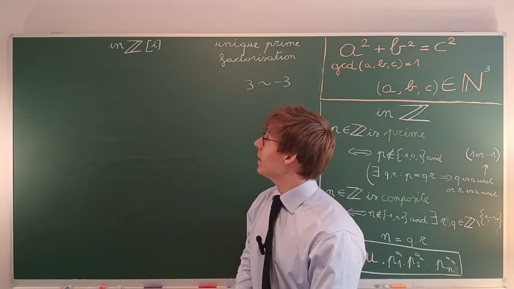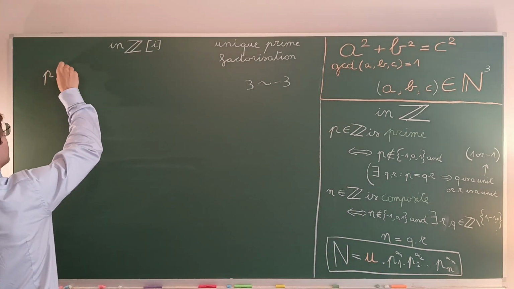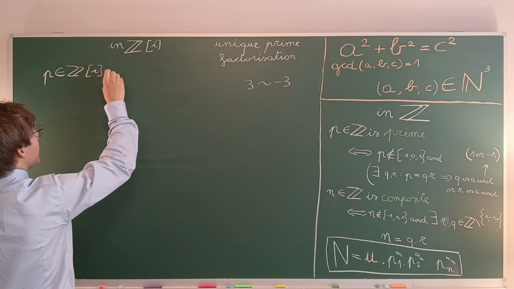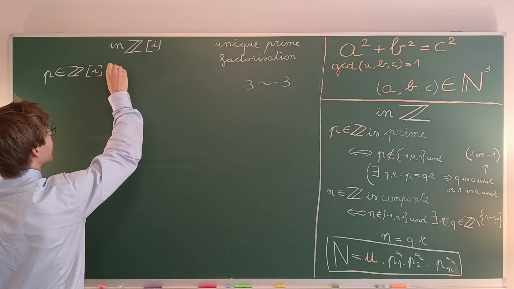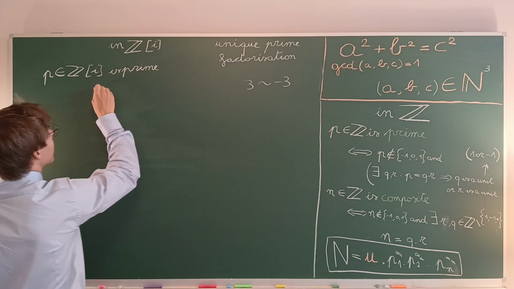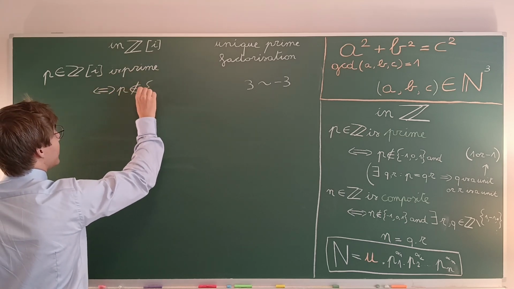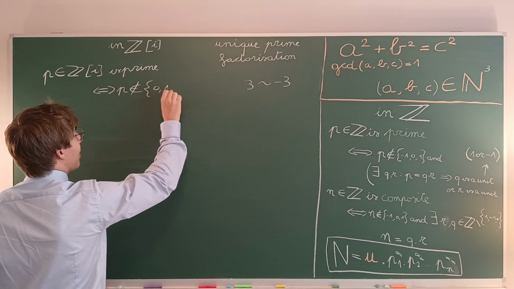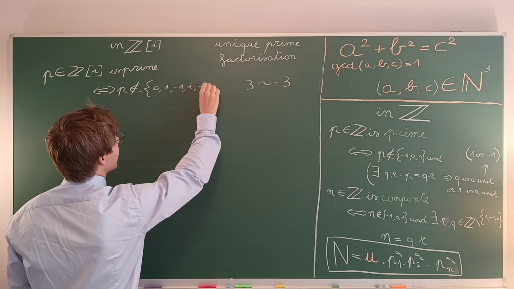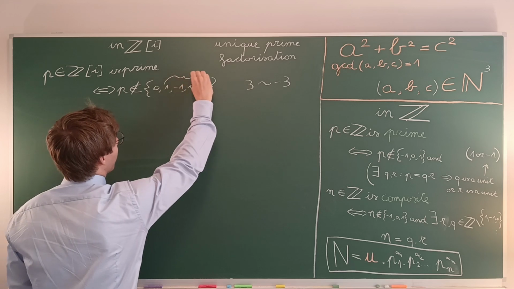Let's now look at what happens in Z[i]. Well, in Z[i], p in Z[i] is a prime if p is not 0, 1, -1, but also not the units i and -i. So these four are the units.